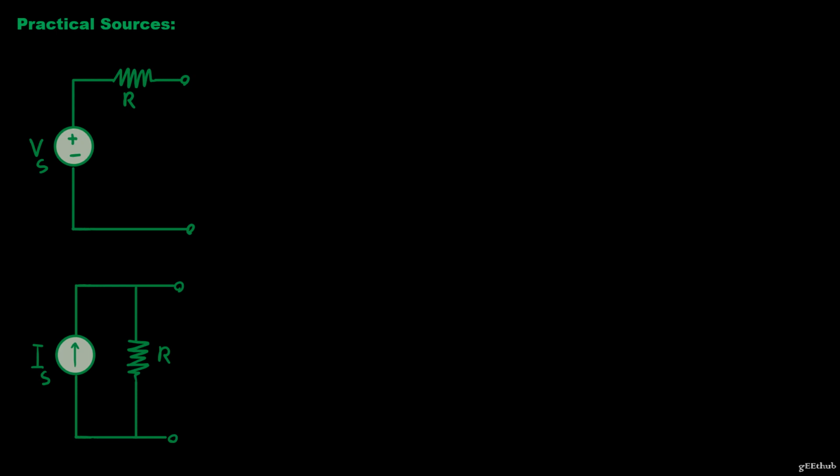And if I short a practical voltage source, what's going to happen is that now my current I will be limited by this internal resistance over here. So my I will be V over R source plus our short resistance, which is 0 now, which is going to be V over RS.